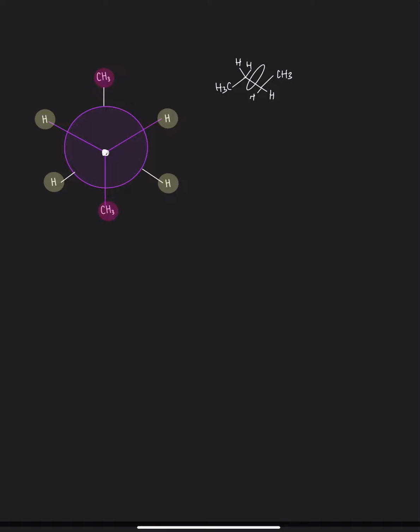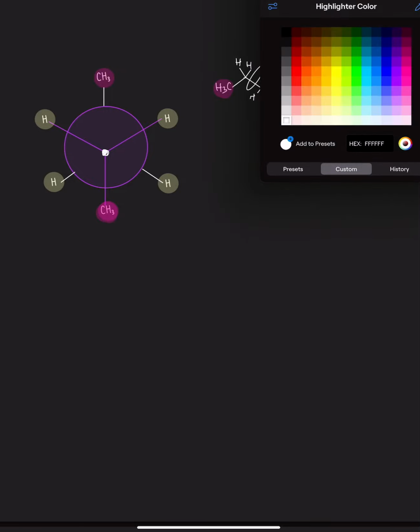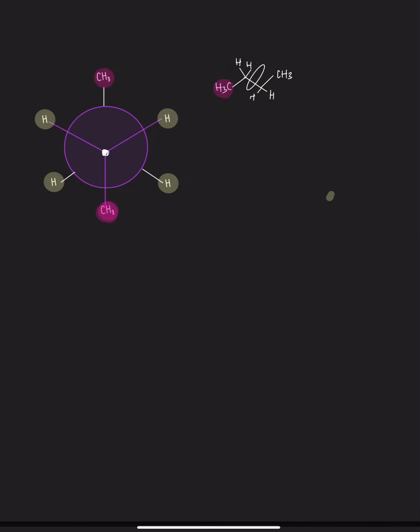So this CH3 right here is this CH3 right here. This hydrogen right here is this hydrogen right here. This hydrogen right here is this hydrogen right here. This carbon is there, I promise you, and that's that carbon. That's the front. Let's do the back.